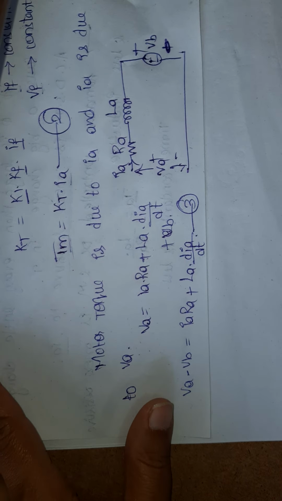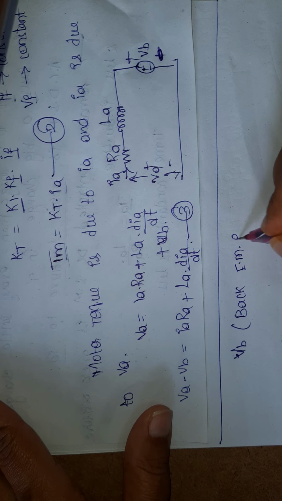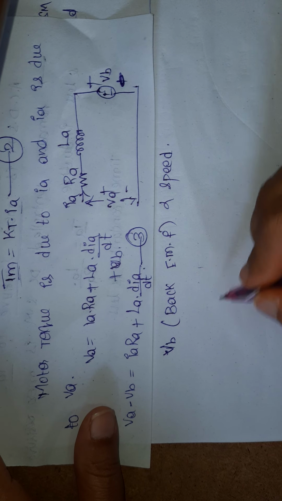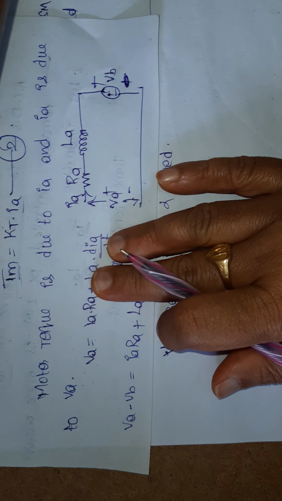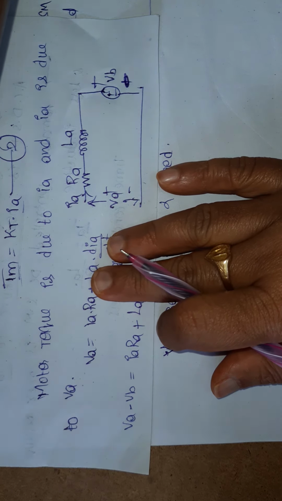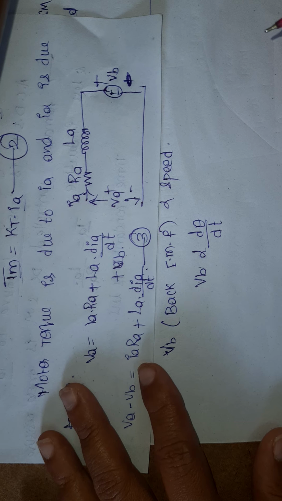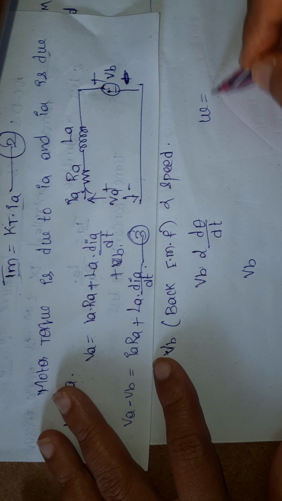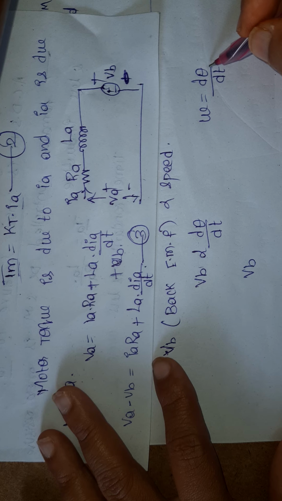Next, this back EMF Vb is directly proportional to the speed, that is d theta by dt. Or I can write it in terms of omega also, because we know that angular velocity is the time derivative of angular displacement, d theta by dt.